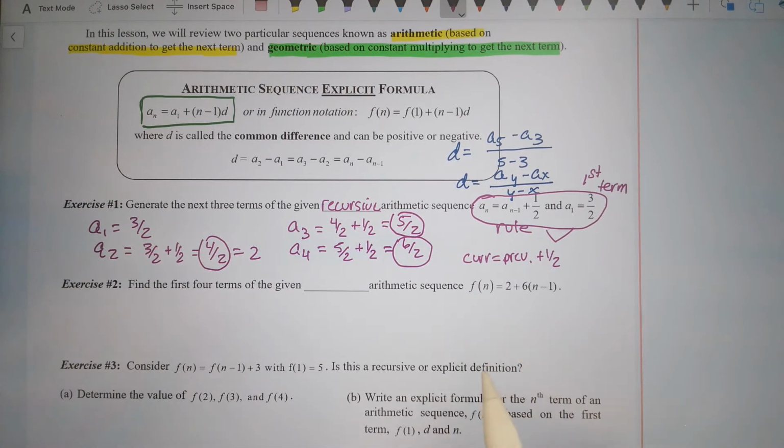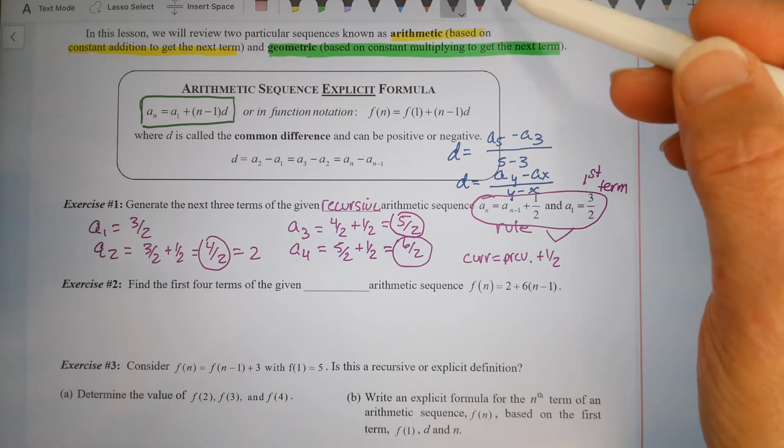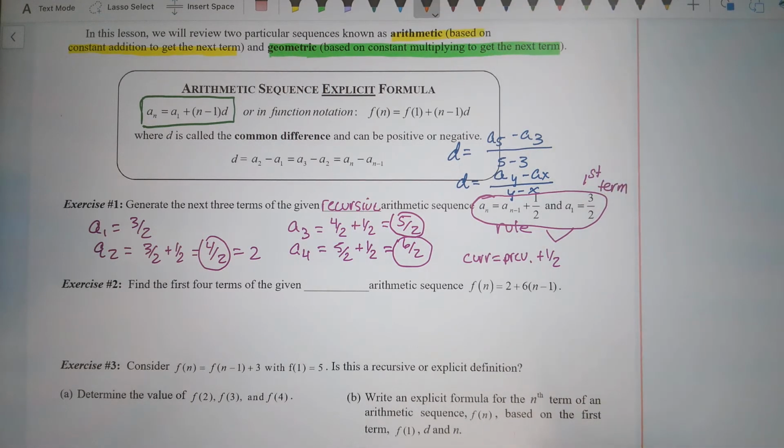Find the first 4 terms of the given arithmetic sequence. Okay, so let's see, what type of arithmetic sequence is this? Is it explicit or is it recursive? F of n is equal to 2 plus 6 times n minus 1. So the value of the nth term equals 2 plus 6 times n minus 1.